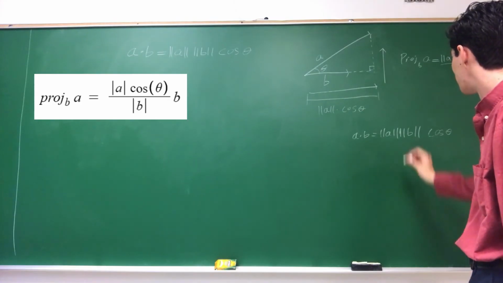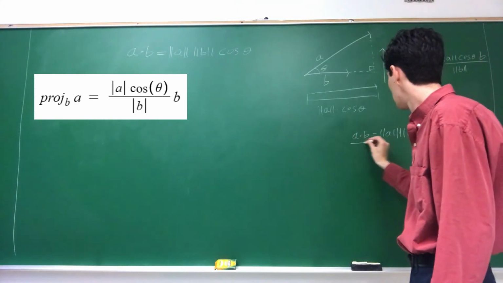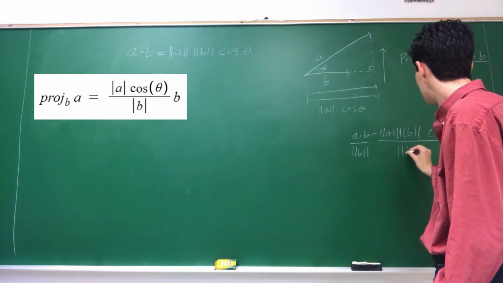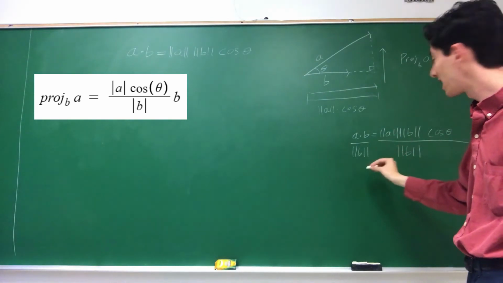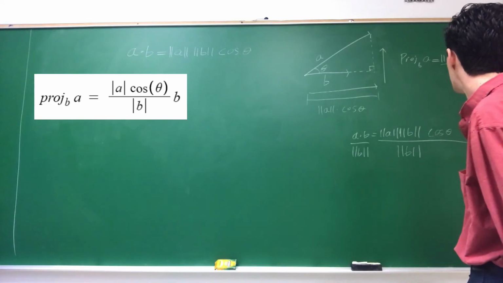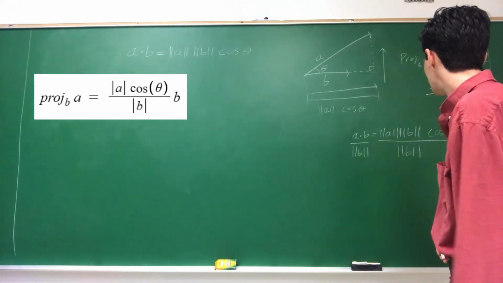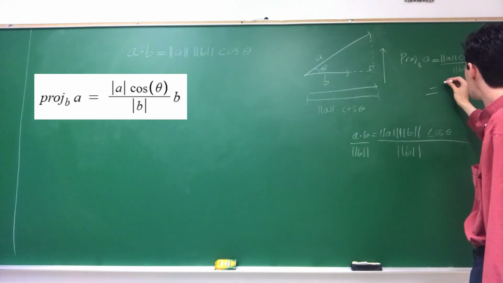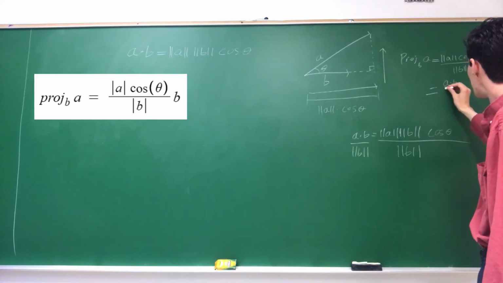If we divide by the magnitude of B on both sides, we are left with A dot B over the magnitude of B is equal to the magnitude of A times the cosine of theta. So instead of the magnitude of A cosine of theta, we can simply write A dot B over the magnitude of B. So we have A dot B divided by the magnitude of B.